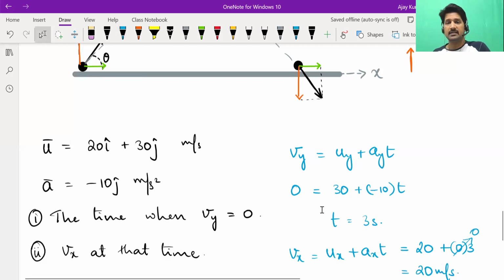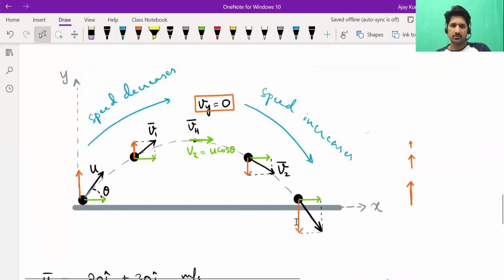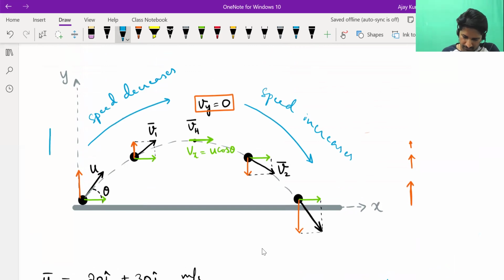That means in the x direction, the velocity does not change at all. Same thing happens in projectile motion in 2 dimensions also. Gravity is only in the vertical direction. We know gravity is this way. So it's only the y component that gets affected. The x component of velocity never changes, even at maximum height.